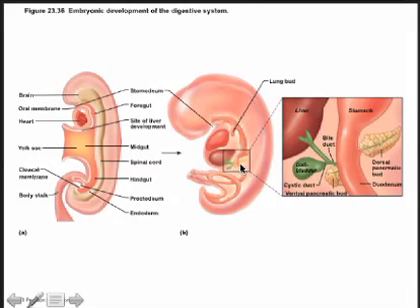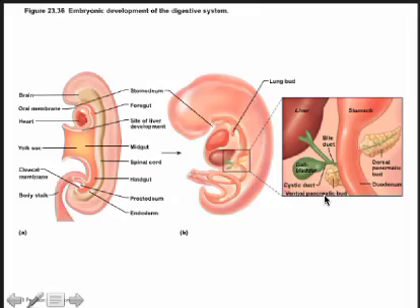Notice again that the liver is connected to the gallbladder via the hepatic duct, and the gallbladder is connected to the liver by the cystic duct, and these both form now the bile duct, which is eventually going to enter the duodenum as it fuses with the pancreatic duct. Okay, and these will both produce secretions that are going to aid in digestion in this very critical region of the small intestine.